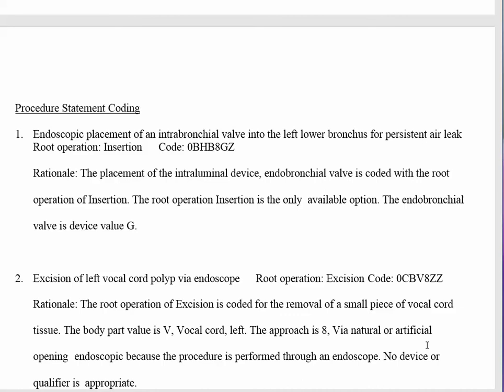The next one is an excision of a vocal cord polyp on the left side via an endoscope. Hopefully we know, based on past experience in this class at least, that a polyp is not solid. A polyp is typically composed of fluid, whether it's clear fluid or infected fluid, which could be termed as pus. And sometimes there could be something else in there.